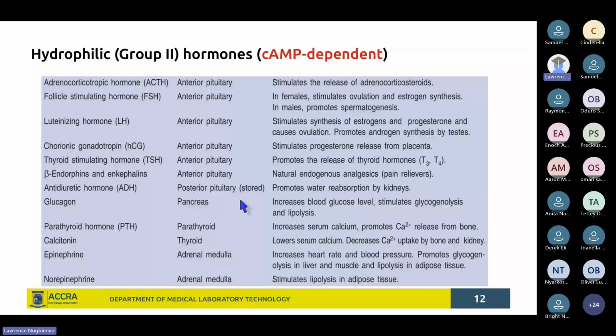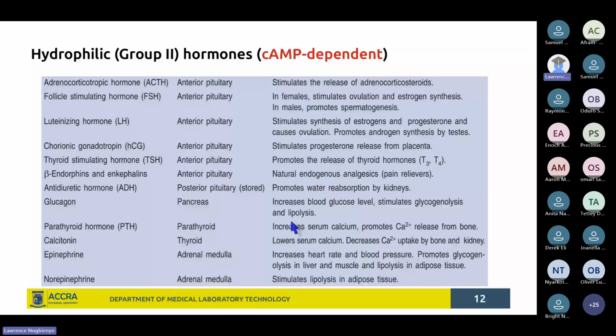But glucagon does the opposite. It rather increases blood glucose level by stimulating glycogenolysis and lipolysis. That is the breakdown of glycogen in the liver and in the skeletal muscles, as well as breaking down lipid storage as triacylglycerols in the adipocytes of the adipose tissue under the skin, all that to generate energy.